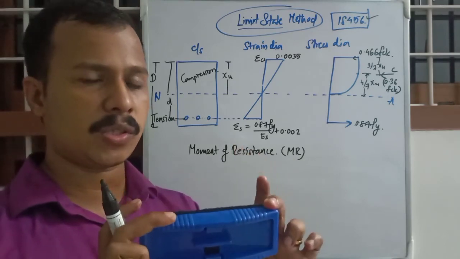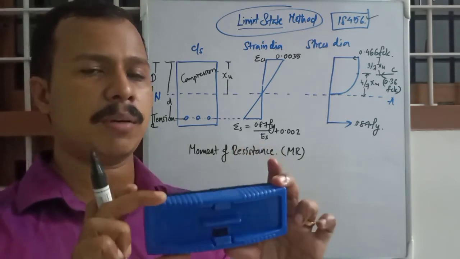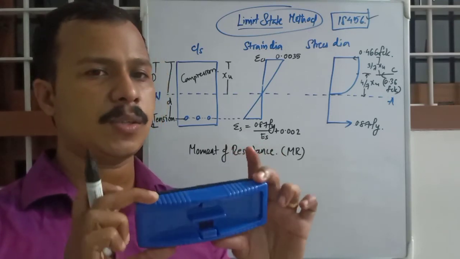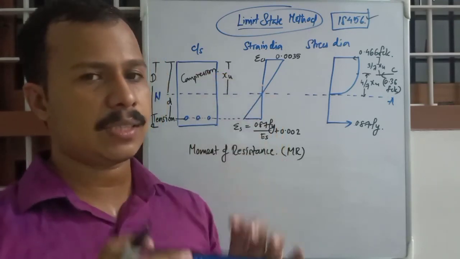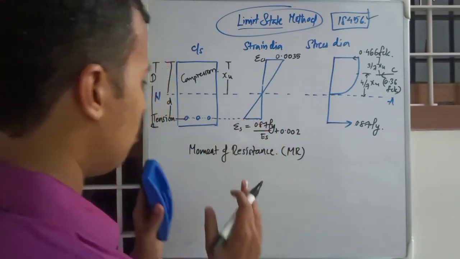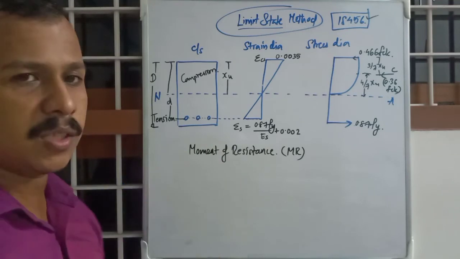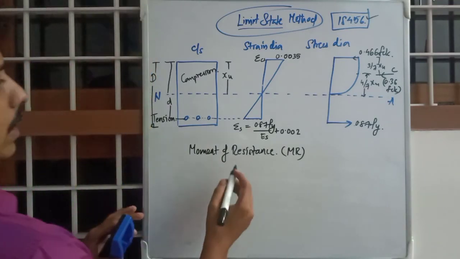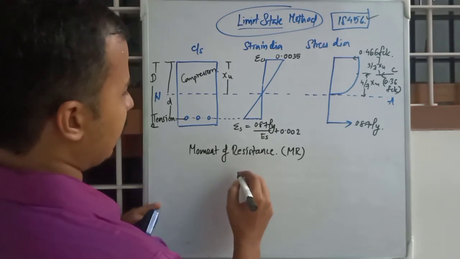The higher the moment of resistance, the higher the resisting power or strength of this beam. The lower the moment of resistance, the lower the strength of the beam. So we want more moment of resistance for any civil engineering structure. For moment of resistance we have an equation.